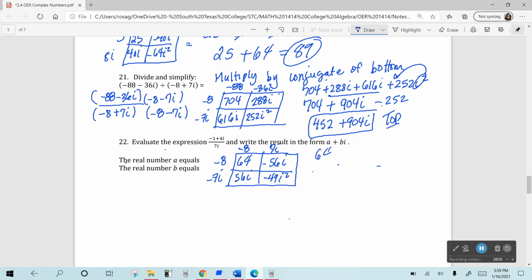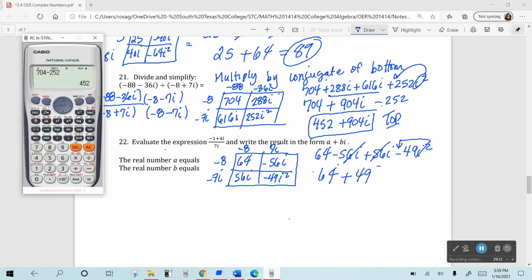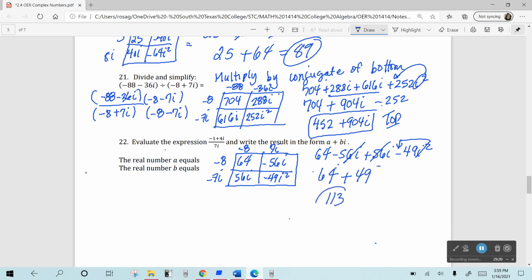So when I take it out, again, the negative 56 and the 56 are going to cancel. So now I just have 64. The i squared changes that one to a plus. So 64 plus 49, 113. So now we're going to put them together.